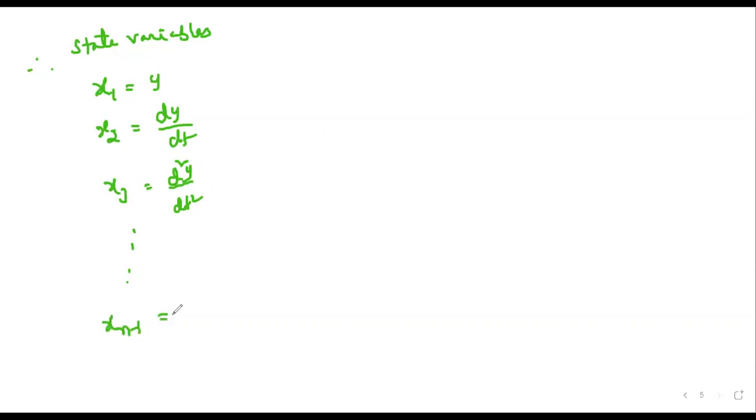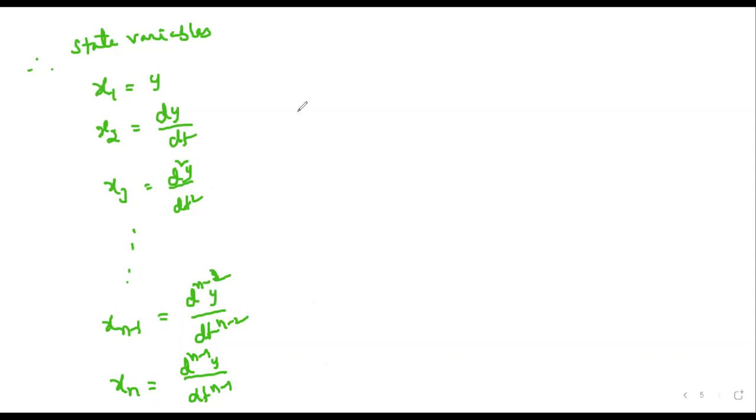Xn minus 1 is d power n minus 2 y by dt power n minus 2. Then xn is equal to d power n minus 1 by dt power n minus 1 of y.